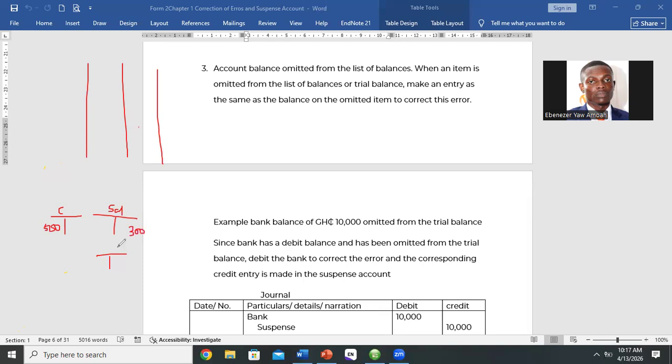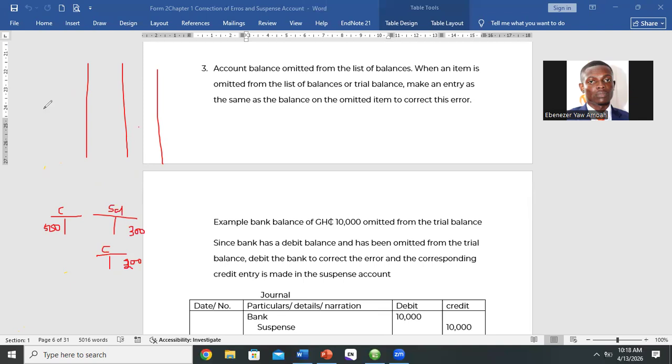And then commission has a credit of 200. So ordinarily, if you are preparing a trial balance from these 3 accounts, you have cash debit of 500. You have on the credit side, sales 300, commission what, 200. And that's going to give you a total of 500 each on both sides.